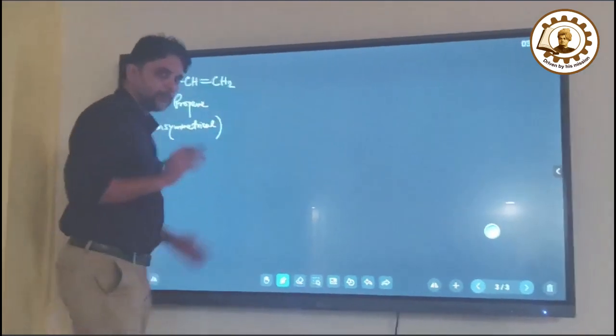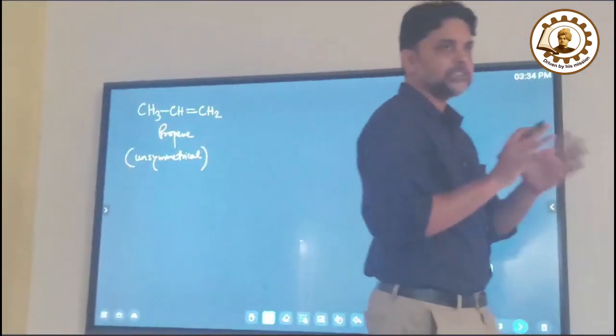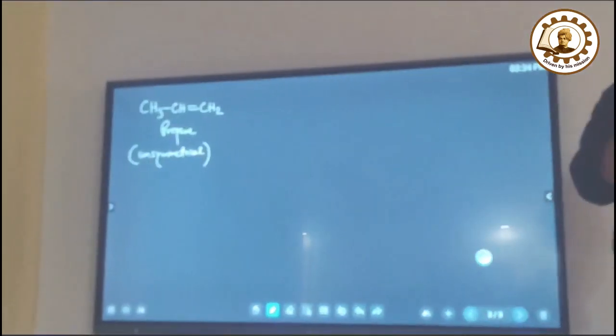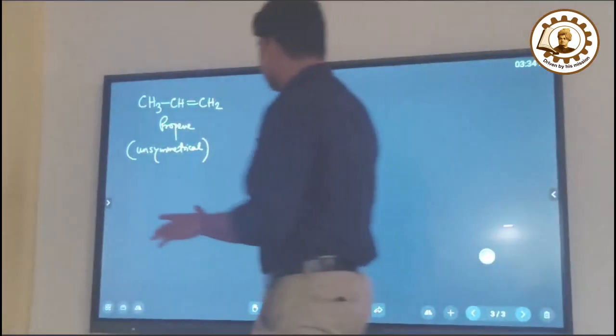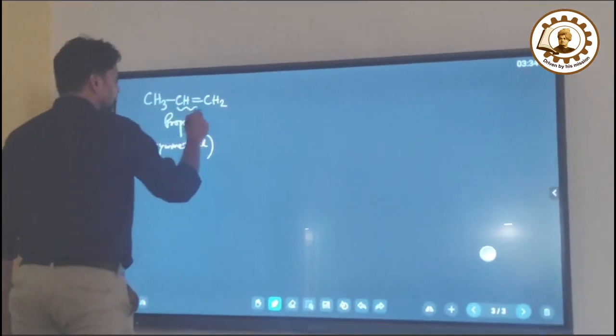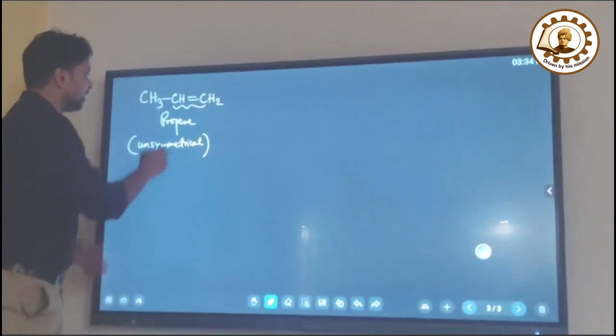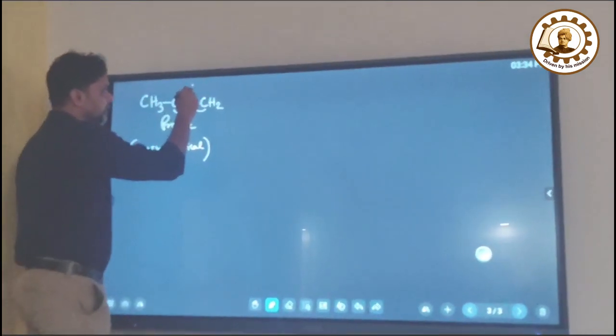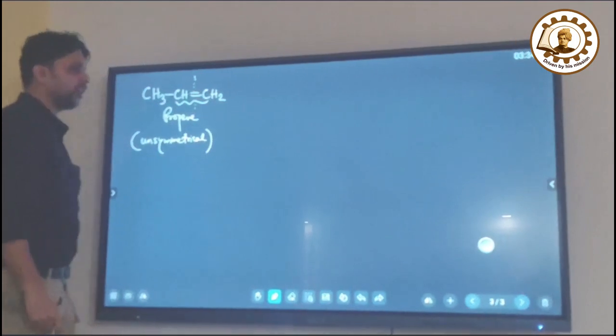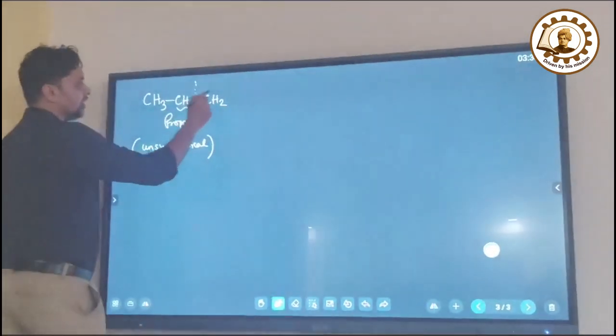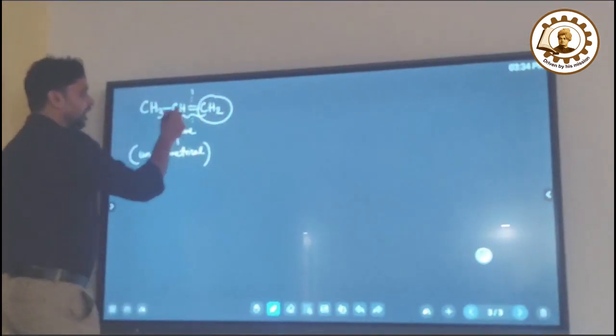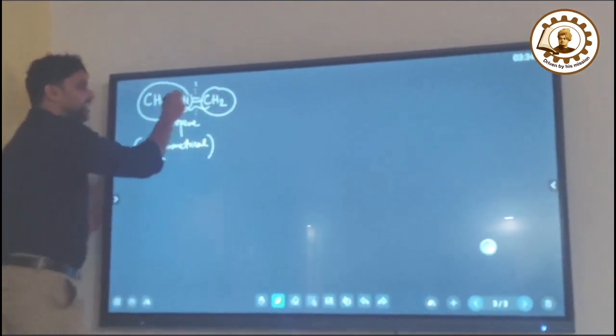Why are they called unsymmetrical? Unsymmetrical alkene means the 2 carbon atoms between which a double bond is present are not similar. If you draw a line over here, on the right hand side we have a CH2, and on the left hand side we have a CH3CH.